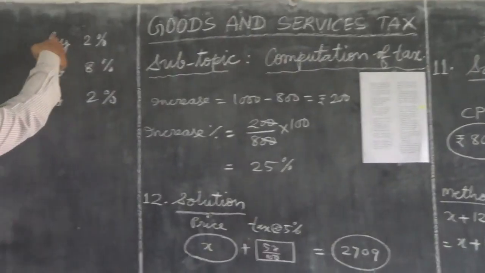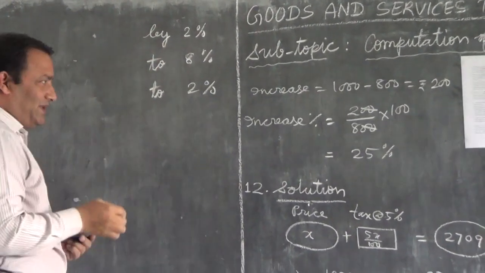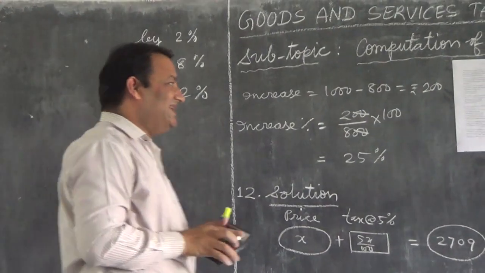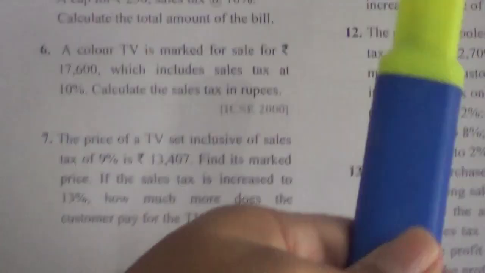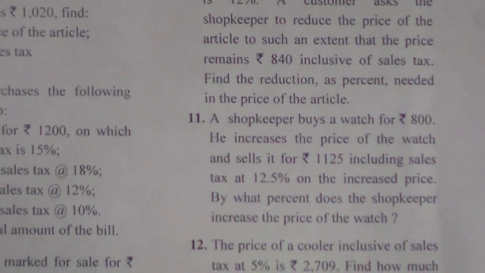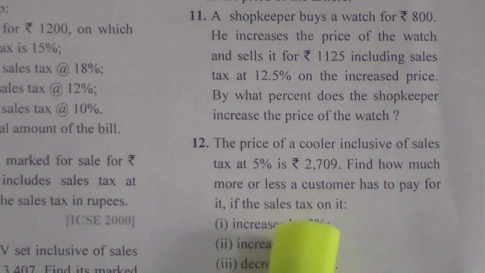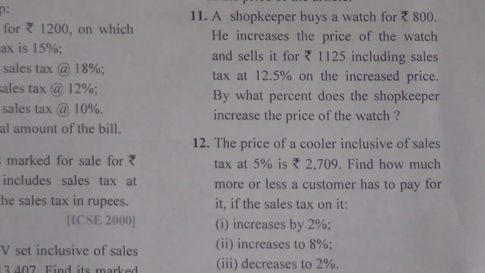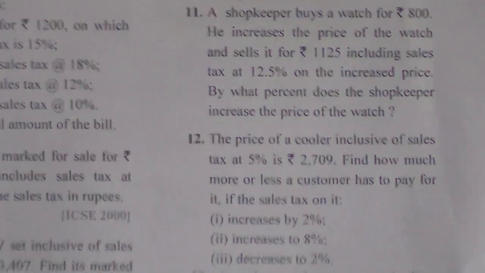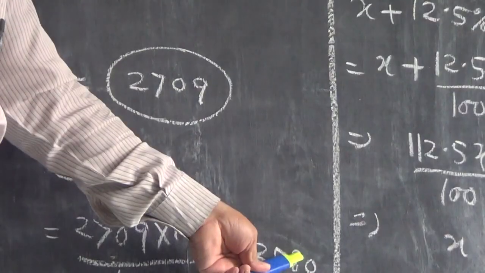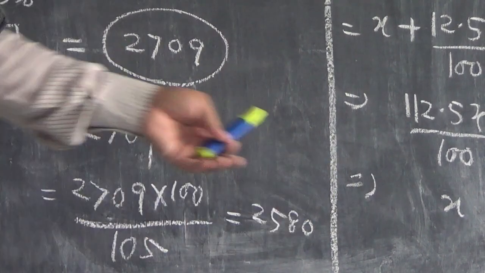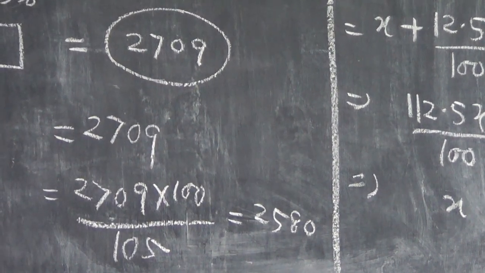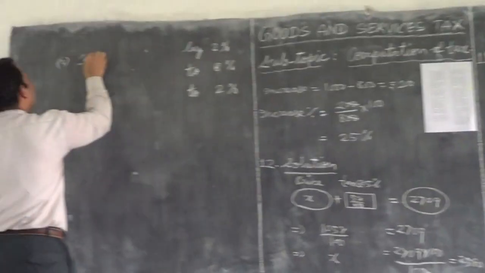So these words "by" and "to" are very important. So our sales tax was 5%. So increases by 2% means how much more he has to pay? He has to pay 2% of 2580 extra.